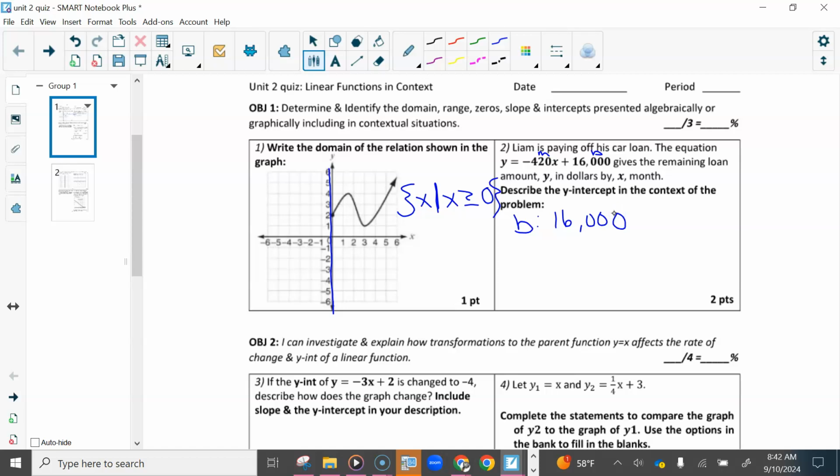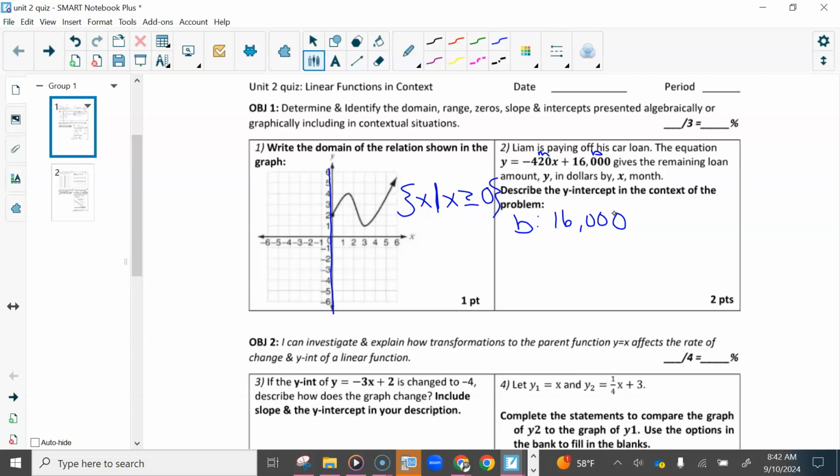So if we're thinking about what a y-intercept means, the x value is usually what for a y-intercept? If I were to graph this point, what would the x value be? 0.